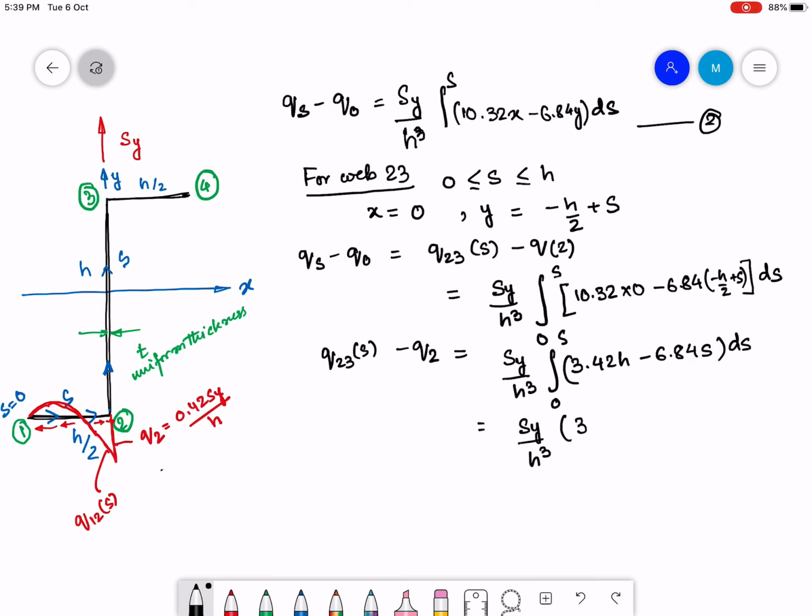So if I integrate this, I am going to get Sy by H cube into 3.42 HS minus 3.42 S square, from 0 to S. That eventually is going to be Sy by H cube into 3.42 HS minus 3.42 S square.